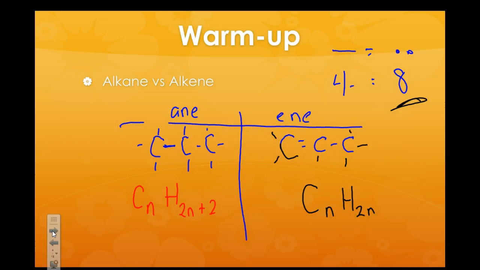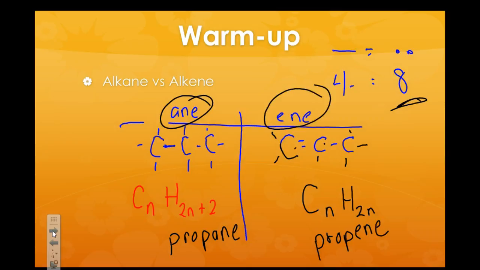So it's propane. I add ANE because it is an alkane. This is still prop because there are 3 carbon, but it's propene because it is an alkene, so that is the name ending that it receives.